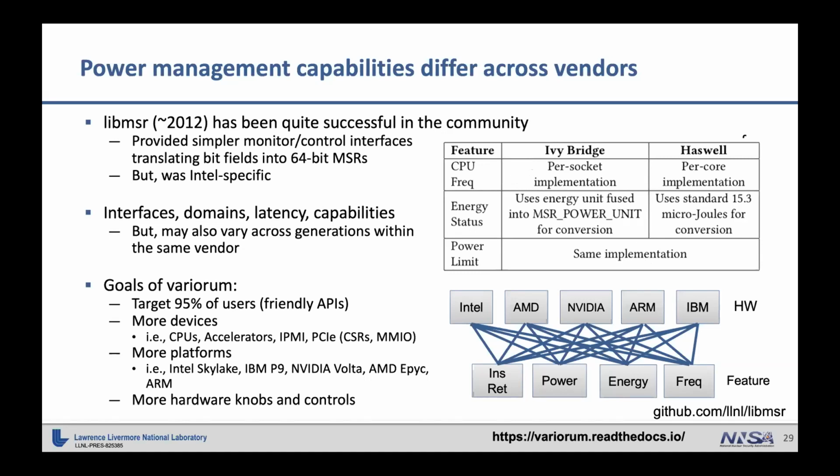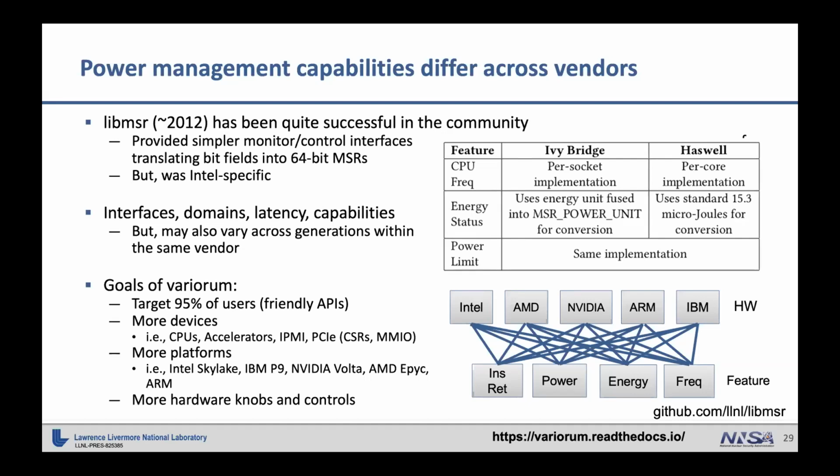And if we look at the CPU frequency implementation of these 2 generations, on Ivy Bridge, we were seeing it impact at the per socket level. And then when we moved to a Haswell system, the CPU frequency is impacted at the per core level.